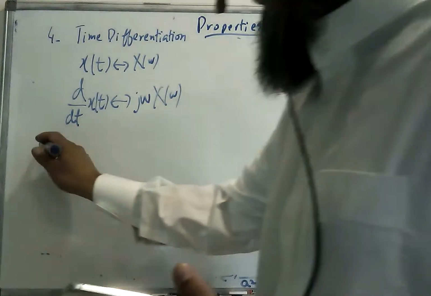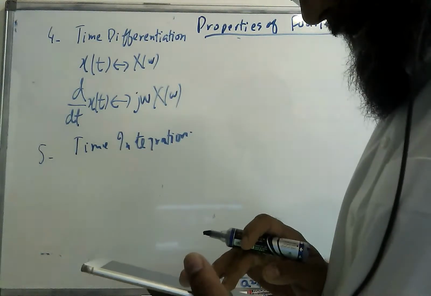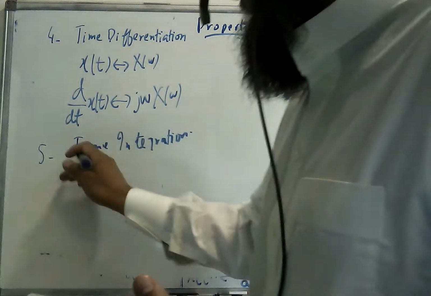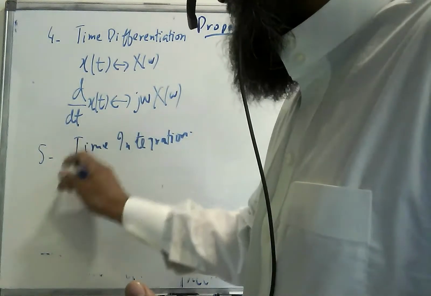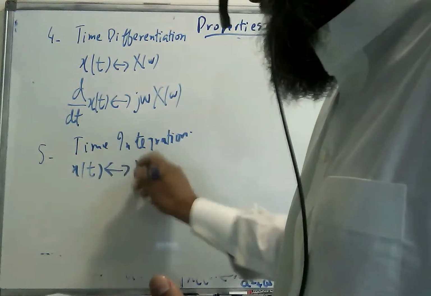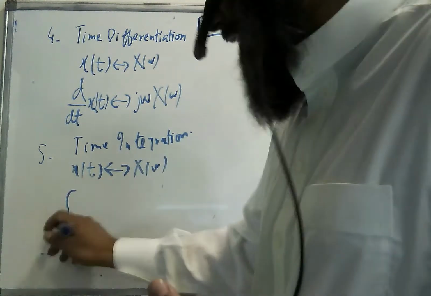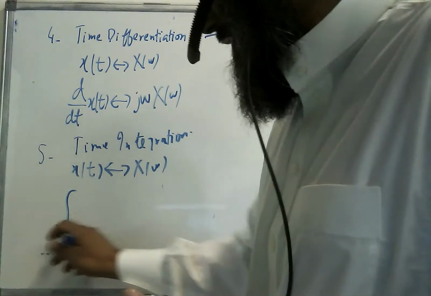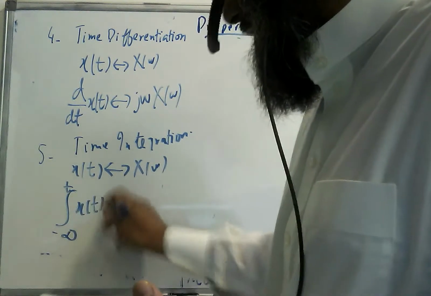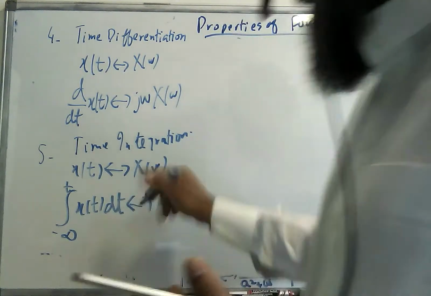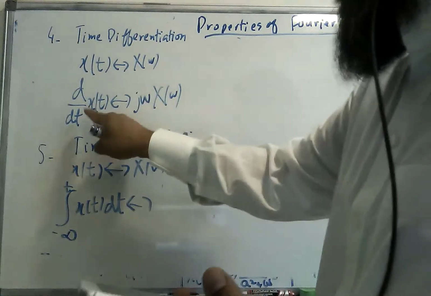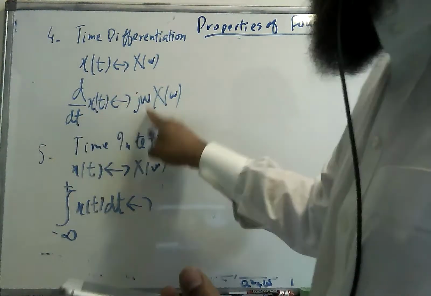Number 5 property is, for example, if x of t has a Fourier transform of X of omega, then if we integrate x of t, we don't need to find the Fourier transform again. From the differentiation, if we differentiate it, we multiply by j omega.